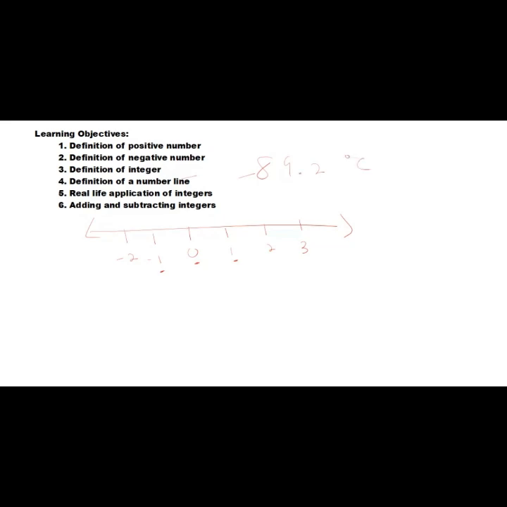Celsius is a unit in which we measure temperature. Then temperature can also go as high as 24 and so on, which are all positive temperatures.